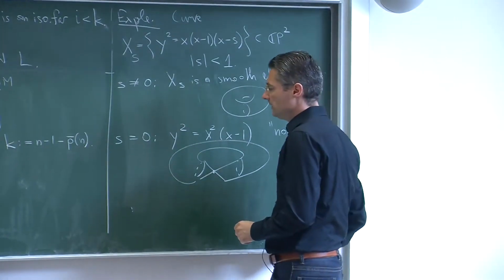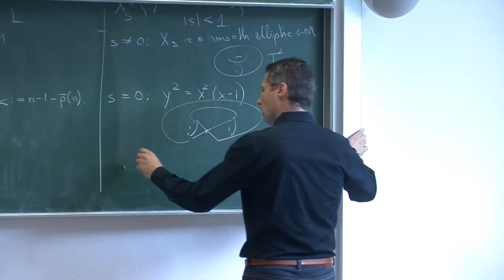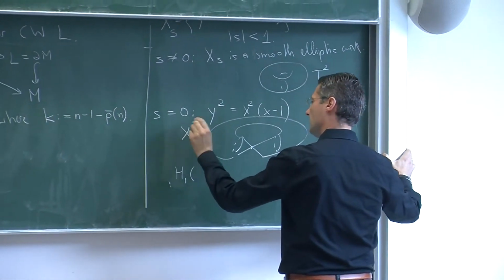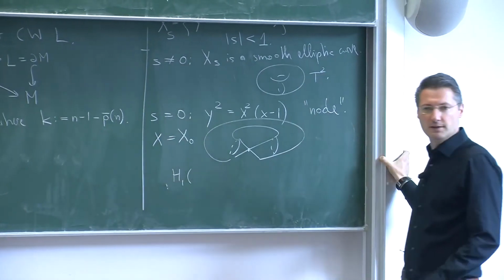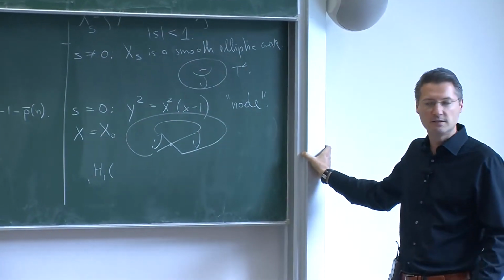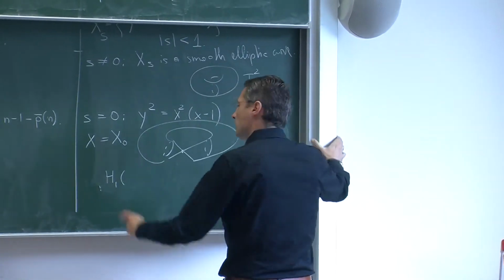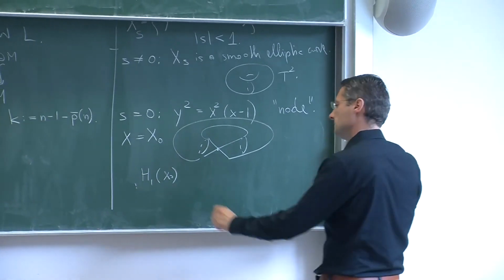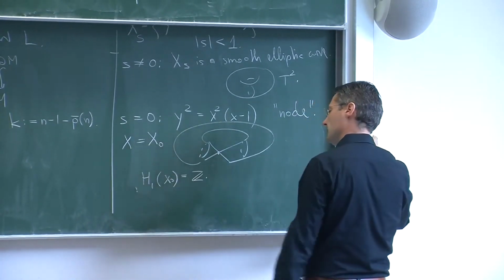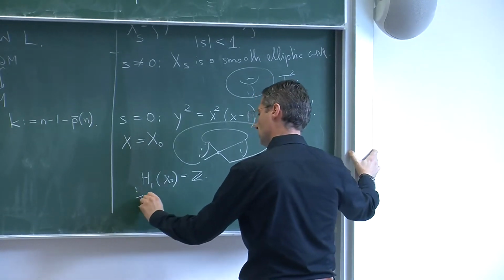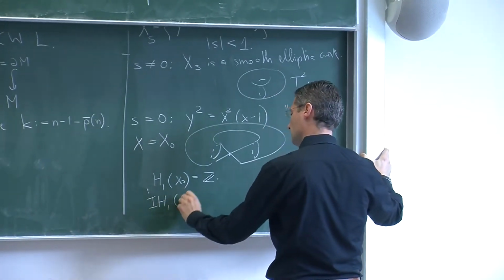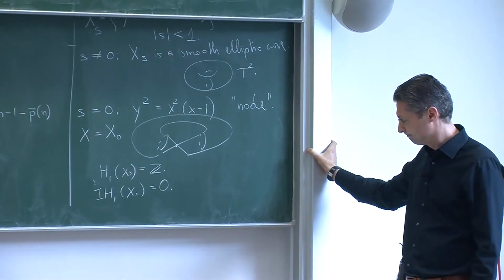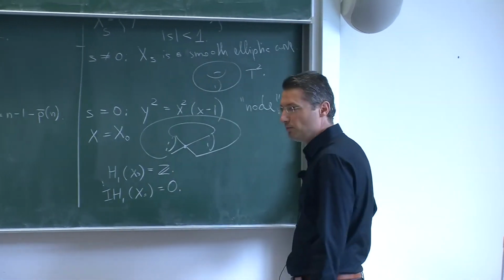This is X_0. Sometimes for X_0, I will also simply write X. This is the space that actually interests me because that's the singular space. H1 of X_0, we have seen in the problem session, is just Z, and the intersection homology in dimension 1 of this space is 0, we have also seen. But this is somewhat peculiar.